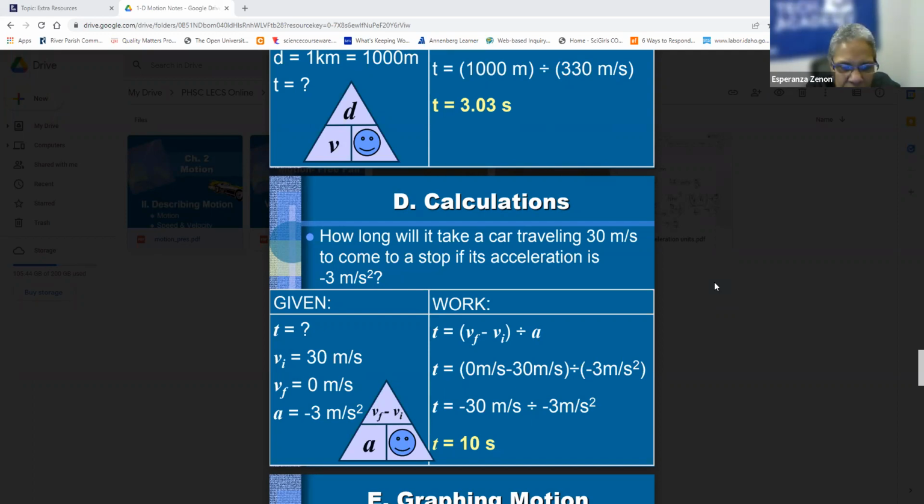VF is 0, VI is 30. Put them where they go. Okay. And in that case, when you subtract, you will get negative 30 meters per second on the top part of your fraction. And you're dividing by the negative 3 meters per second squared on the bottom of your fraction.